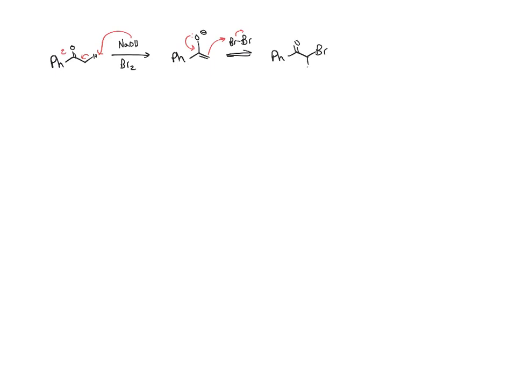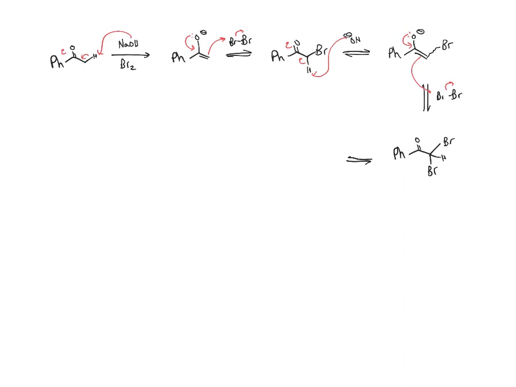And again, that proton is more acidic than the starter material, so hydroxide can come along and deprotonate again to give you the enolate. That enolate is then going to react with another equivalent of bromine to give you the di-substituted, dibrominated product. But again, that hydrogen is now even more acidic.